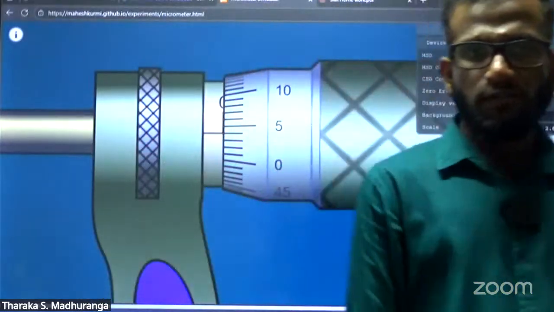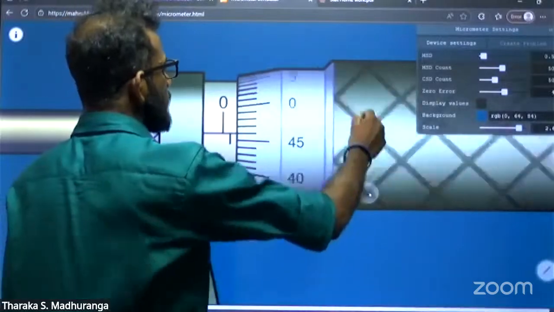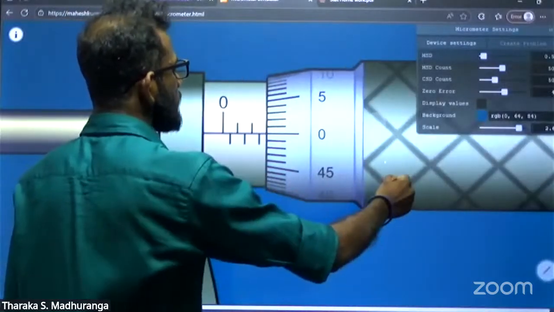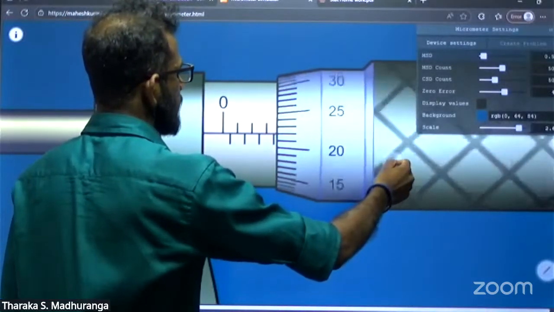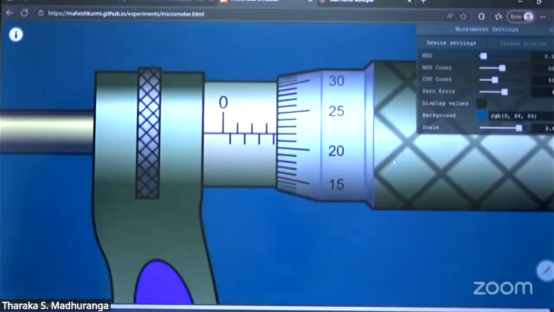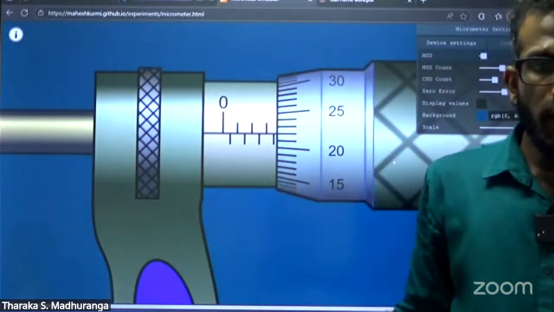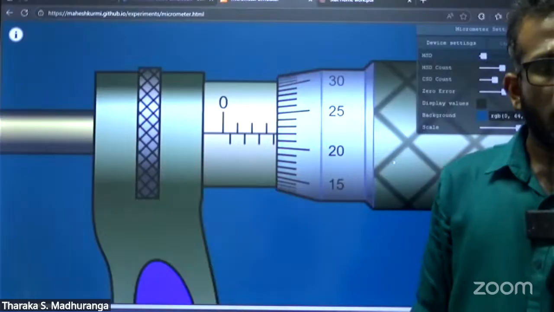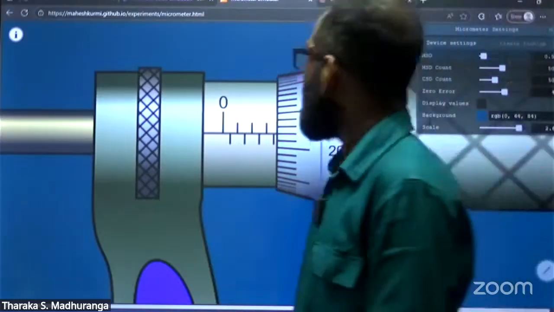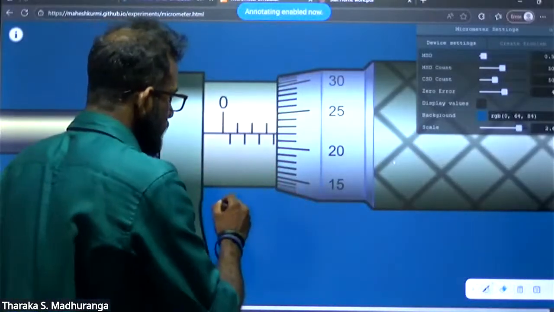Now, if I got a measurement using a micrometer screw gauge with this error, if I got this value, can you send me the accurate measurement? What is the actual reading?